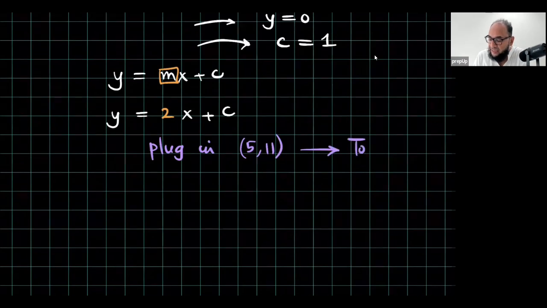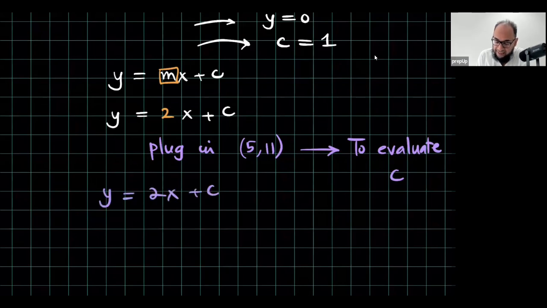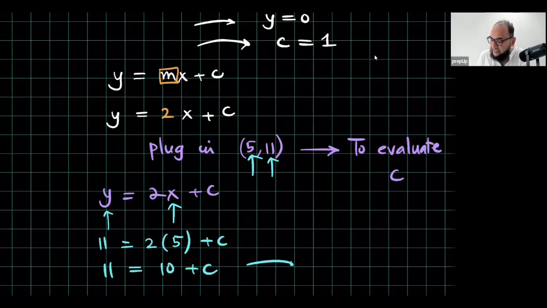So that we can evaluate c. So therefore, I'll write y is equals to 2x plus c, and then I'll plug in 5 and 11. 5 goes over here, 11 goes over here. This is 11, this is 2, this is 5 plus c. 11 is equals to 10 plus c, make c the subject. C comes out to be 11 minus 10, which is 1.